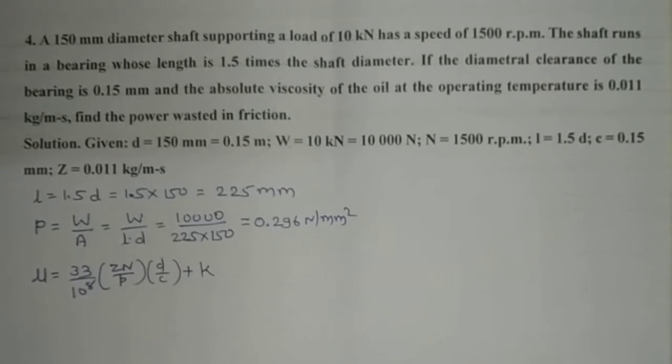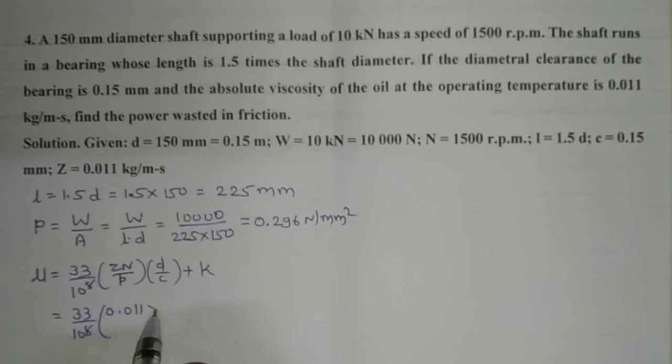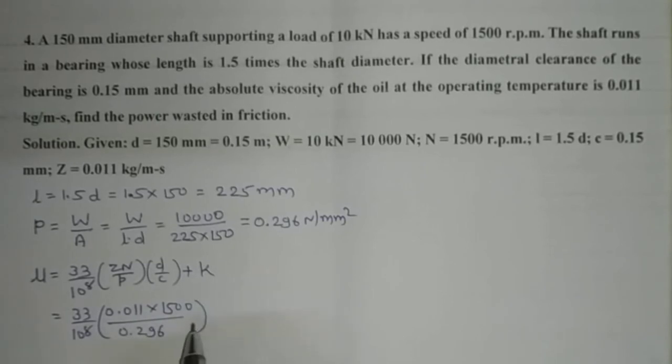So it is 33 by 10 raised to 8, Z is equal to viscosity 0.011, N is equal to 1500, and bearing pressure we have found 0.296. And D by C, D is equal to 150 and clearance is equal to 0.15, plus the value of K, which we have taken as 0.02.